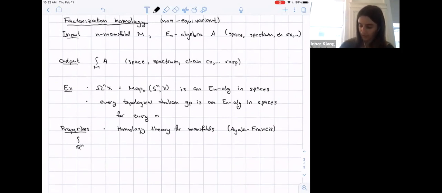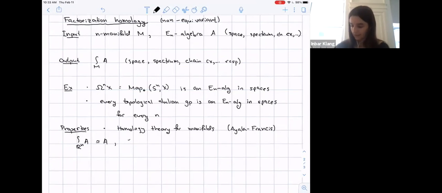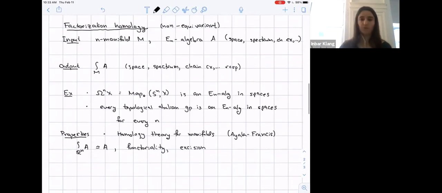Well, there is a sort of dimension axiom that says if you evaluate on the manifold Rn, you just get your algebra back. So that's like the value of the homology theory on the point, or our most basic object in n-dimensional manifolds. There's some functoriality there as well with respect to the manifold and the algebra. And there's an excision axiom.